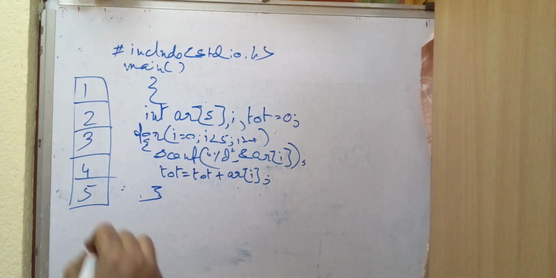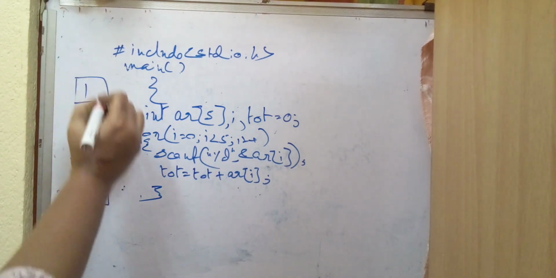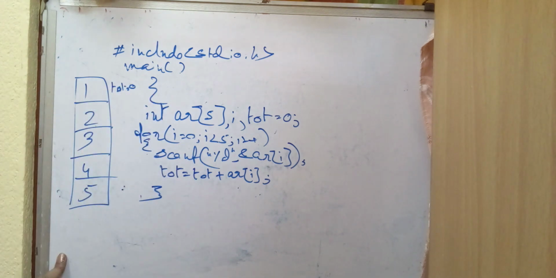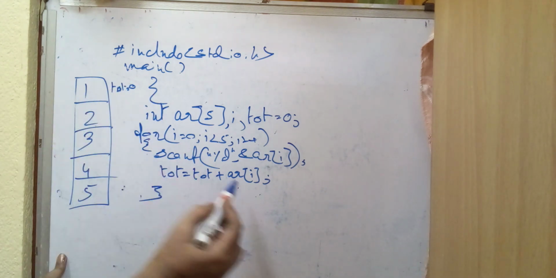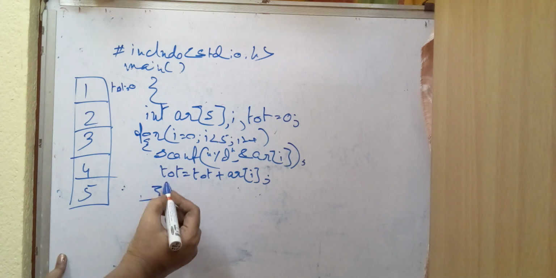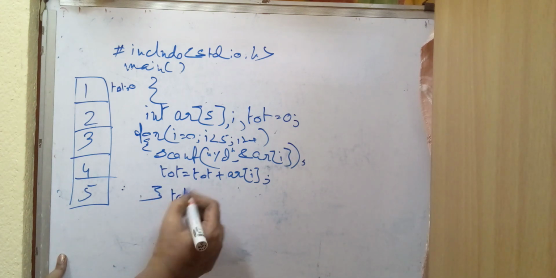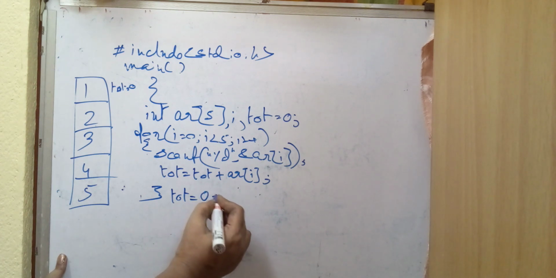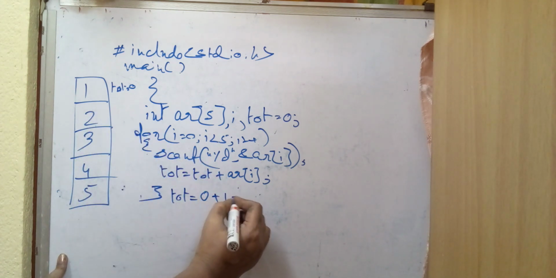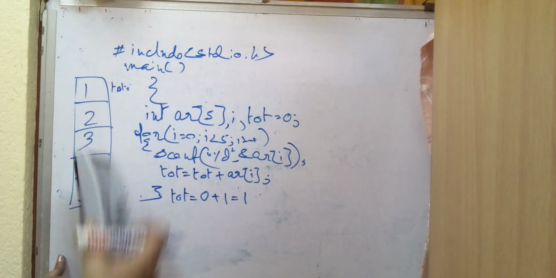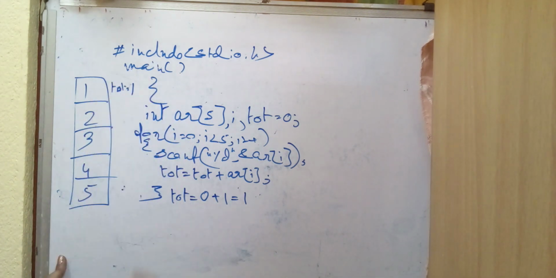In this case, what will happen? Initially, total equals 0. First time I have inputted 1. Then TOT will be 0 plus 1, that is 1. Okay, so TOT is 1.